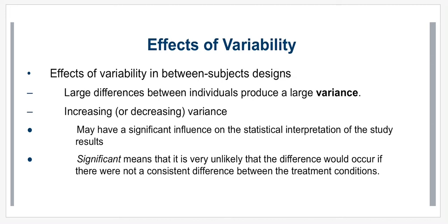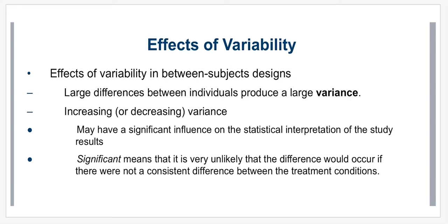So how do we increase or decrease variance? This last part of the slide says that increasing or decreasing the variance can have a significant influence on your interpretation of the results, which I alluded to a second ago.